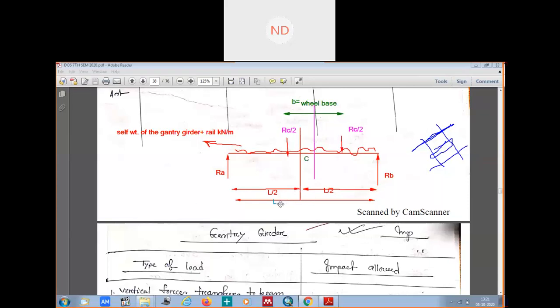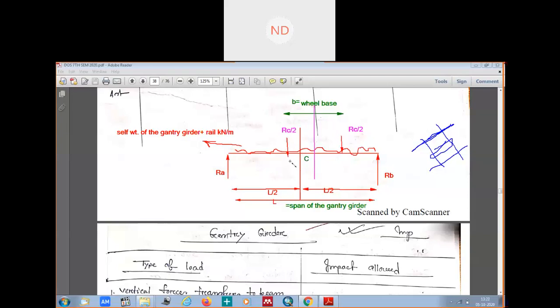Let me write it here: L is equal to the span of the gantry girder. This is the center. Now, where does the maximum bending moment occur in a gantry girder? This is the center of the gantry girder, this is the wheelbase B, and this is the center of your wheelbase.